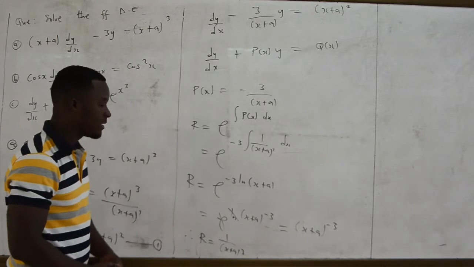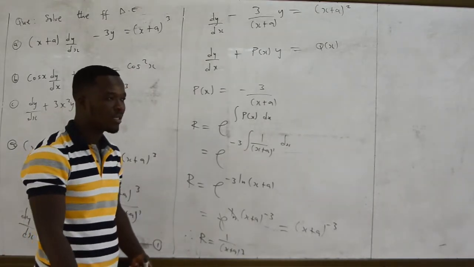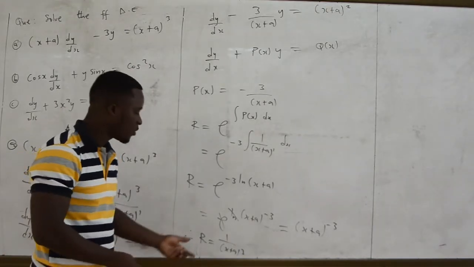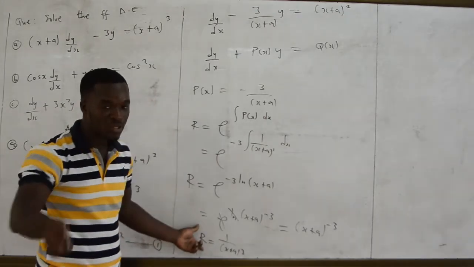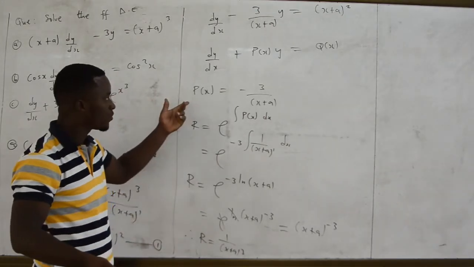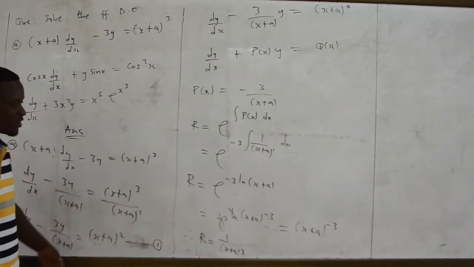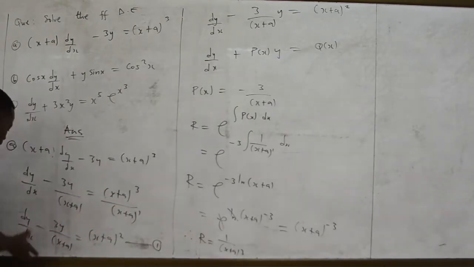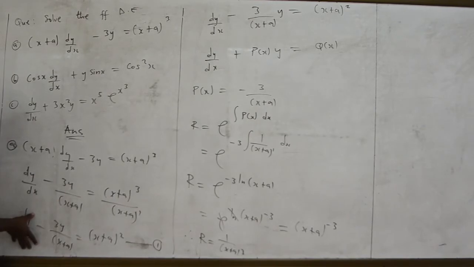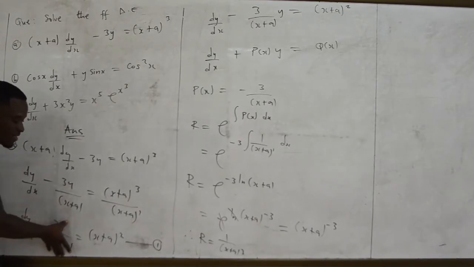So now, the next approach in linear first order is that after getting your integrating factor r, go back to the original equation, or equation 1 here, and multiply through by that integrating factor. So here, I multiply by the integrating factor r.